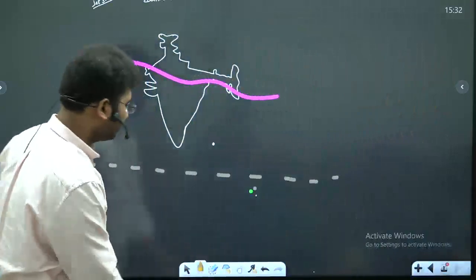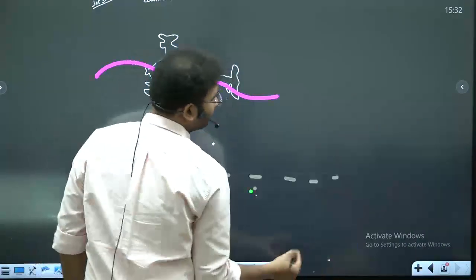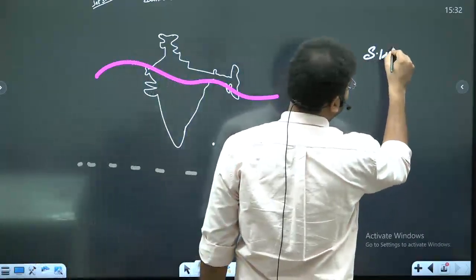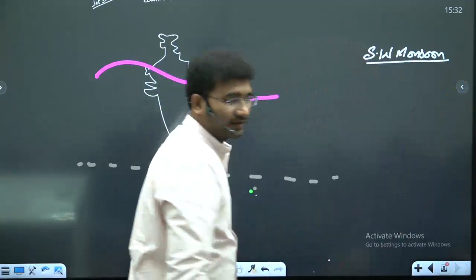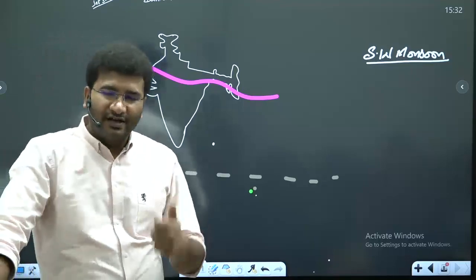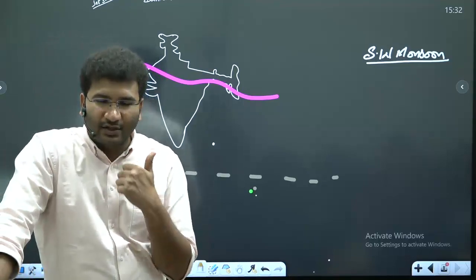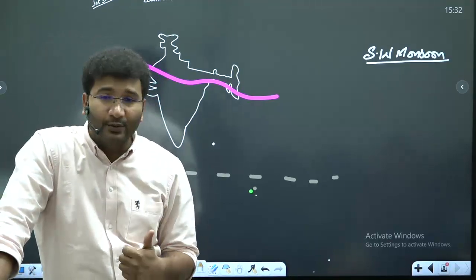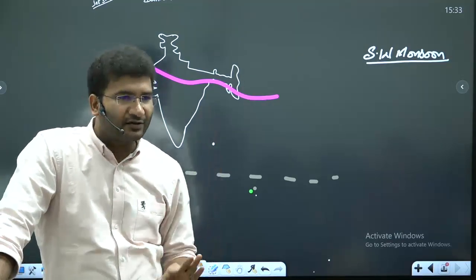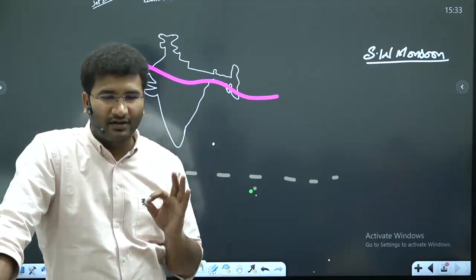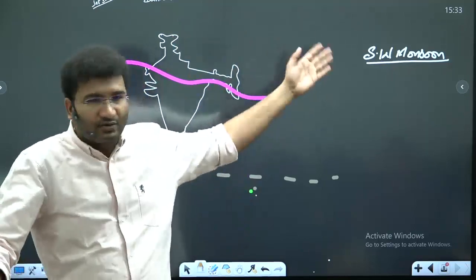During summer, the southwest monsoons play a vital role. ठीक है? During the summers, the rainfall in India is primarily because of the southwest monsoon or southwest trade winds plus convectional rainfall. These two play a vital role.